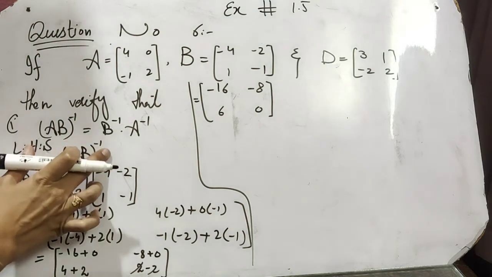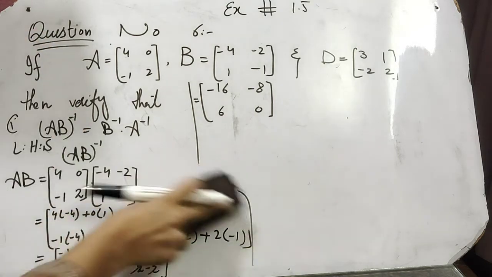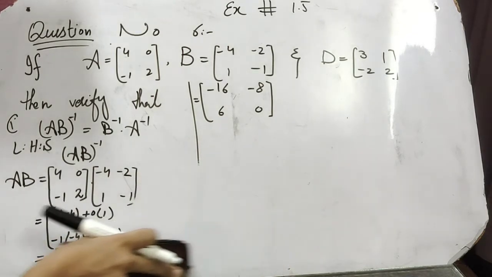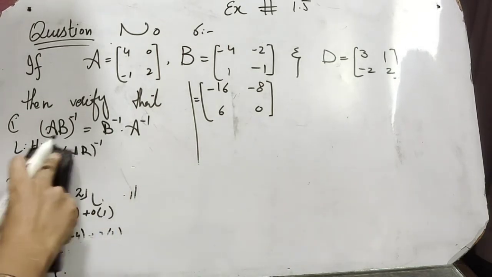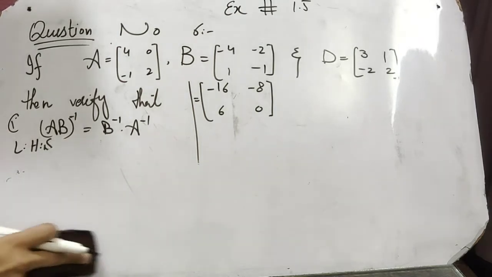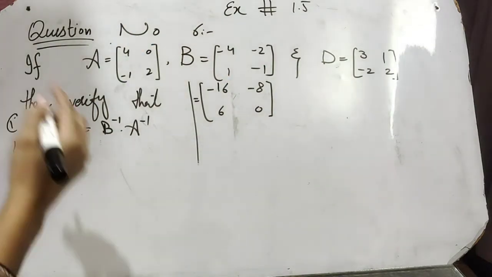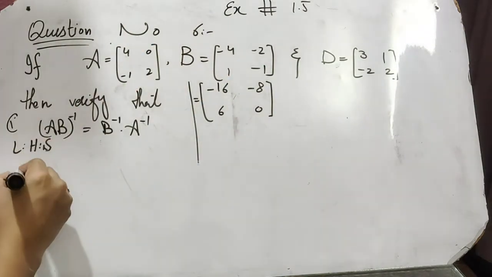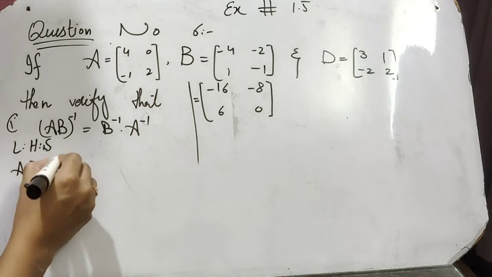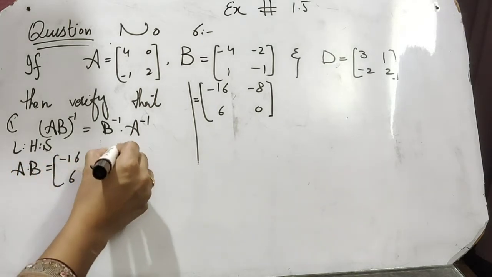Now we find A into B whole inverse. So we will remove all this part because we have less space. So this is A into B, [-16, -8; 6, 0].